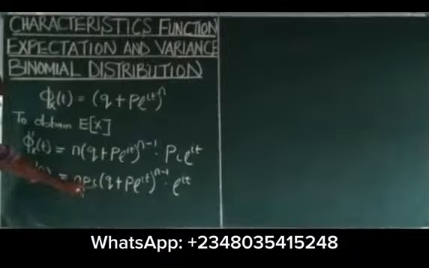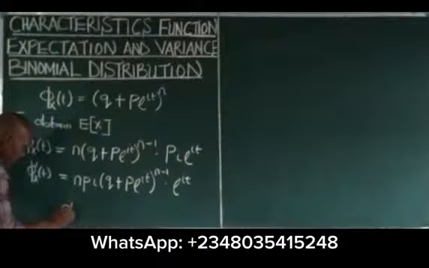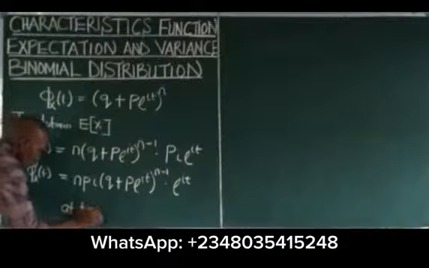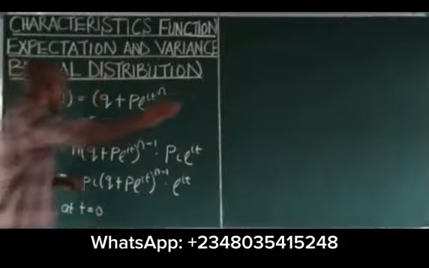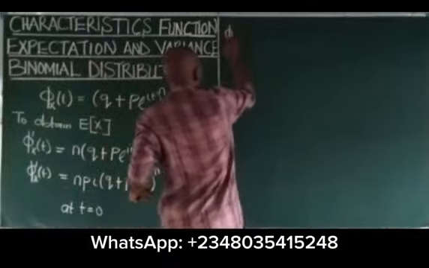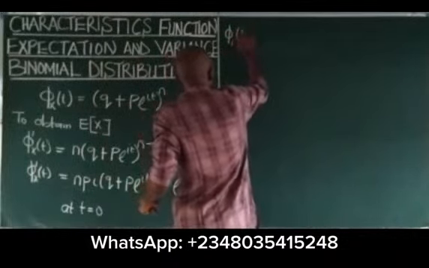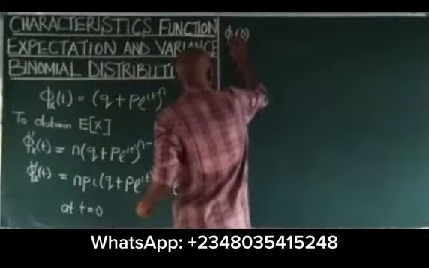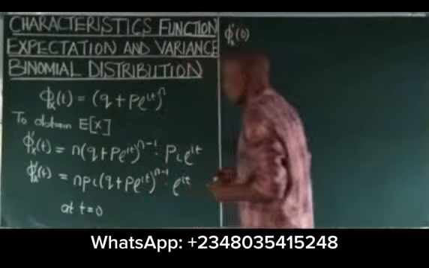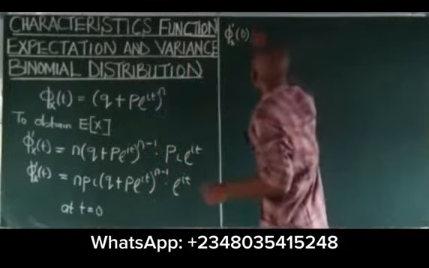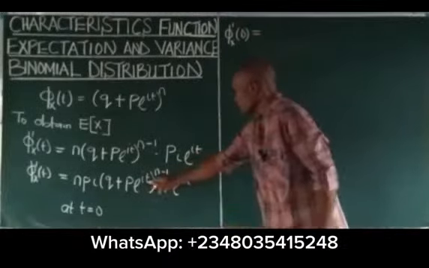So we now say at t equal to 0, we move over to this other side of the board. At t equal to 0, our characteristic function will be written as this. The next thing to do is, anywhere we see t, we put 0.